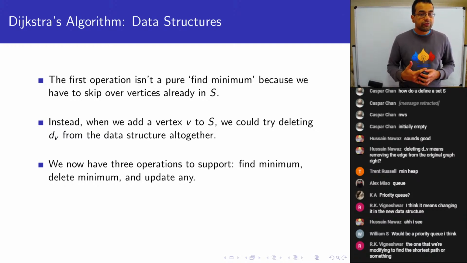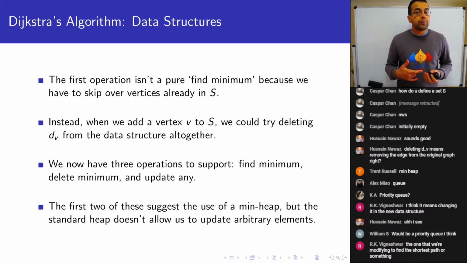Yeah, so many of you have got the right idea. We want to use a priority queue. A min heap priority queue is great for finding the minimum of the remaining entries, and also for deleting the minimum of the remaining entries. However, the heap that we've presented, for example, in lecture 2, doesn't let us do updates. It doesn't update arbitrary elements.